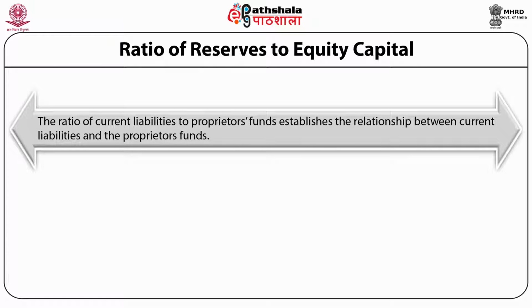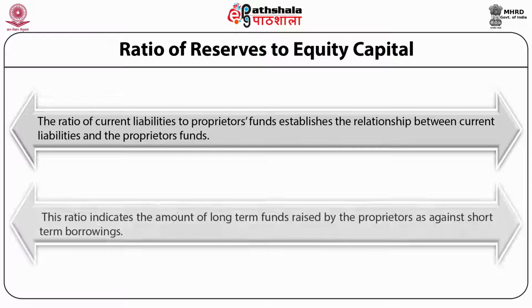Ratio of current liabilities to proprietors' funds establishes the relationship between current liabilities and the proprietors' funds. This ratio indicates the amount of long-term funds raised by the proprietors as against short-term borrowings.